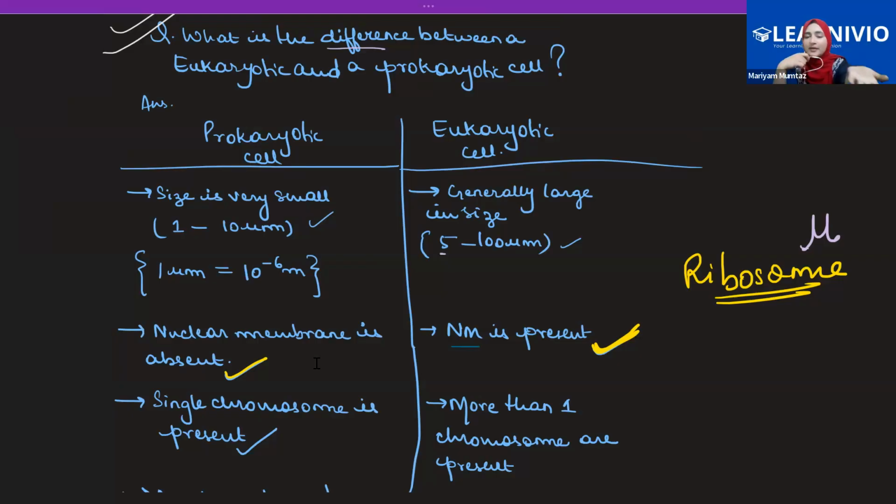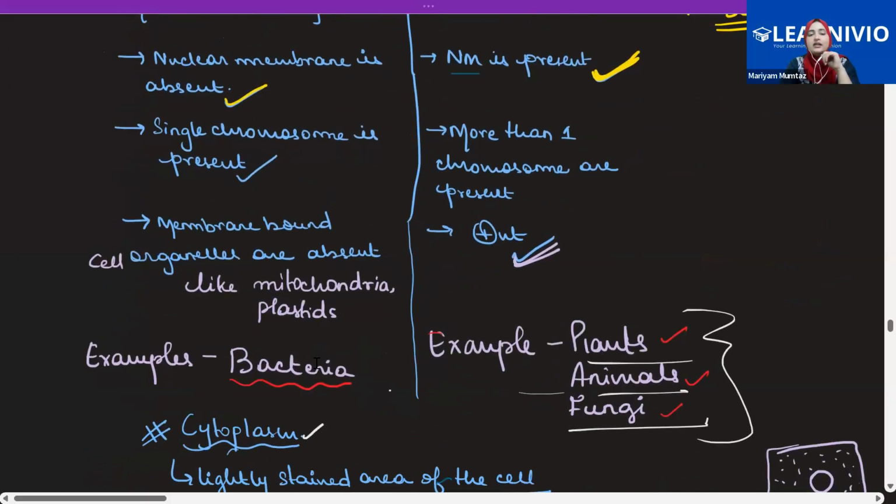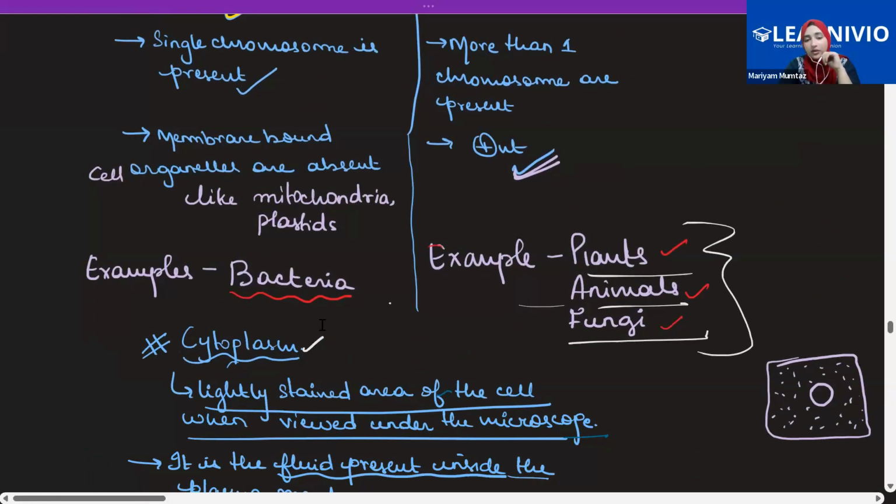In them, the nuclear membrane is not present, and any kind of membrane-bound cell organelle is not present, whereas in the eukaryotic cell, it is present. The example of a prokaryotic cell is bacteria, whereas examples of eukaryotic cells are plants, animals, and fungus.